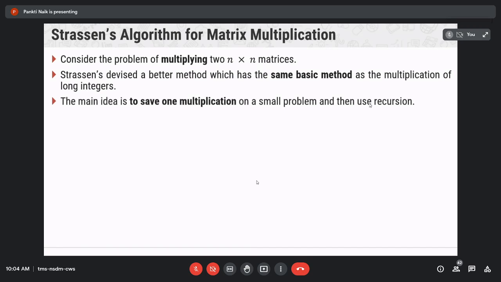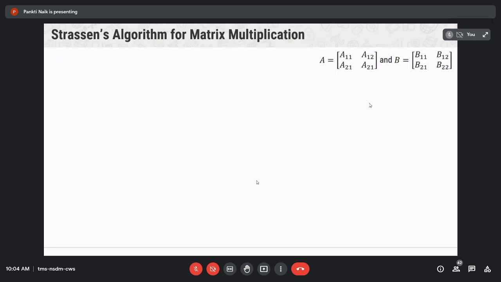So the main idea is to save one multiplication on a smaller problem, then use the recursion, right? So the main idea behind this Strassen algorithm is to save one multiplication on a small problem and then use the recursion, right? Now consider these two matrices A and B, right?